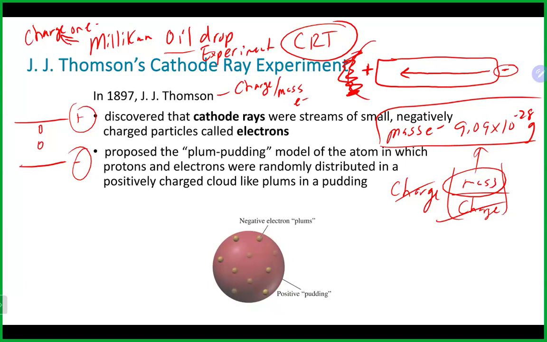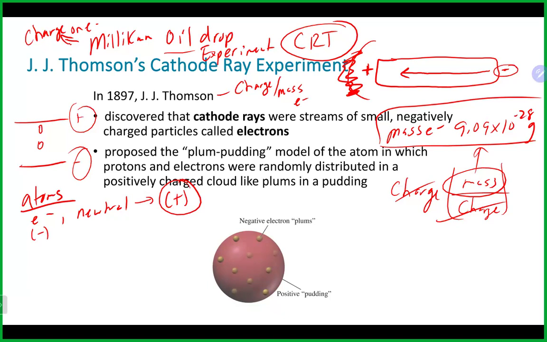And what happened after these experiments was this. They knew the atom contained electrons, which are negatively charged, but they also knew that the atom was neutral. In order for it to be neutral and have negatively charged electrons, there has to be some type of positive component to the atom to balance out the negatively charged electrons.